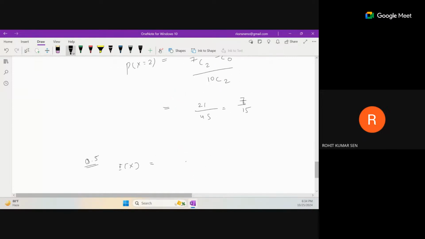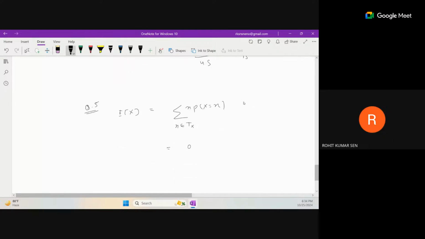It is the value that your random variable takes, multiplied by the probability of that value. What is the probability of x equal to 0? It is 1 by 15. For x equal to 1, it is 7 by 15. For x equal to 2, it is 7 by 15.